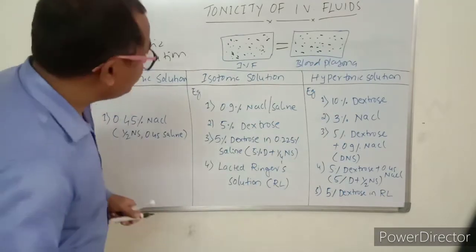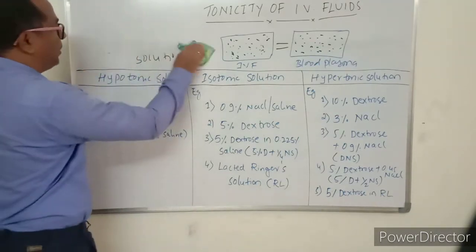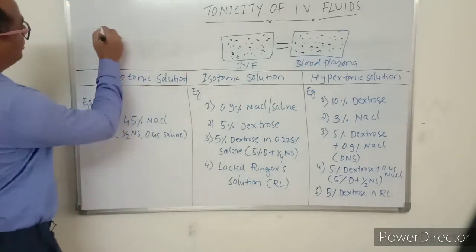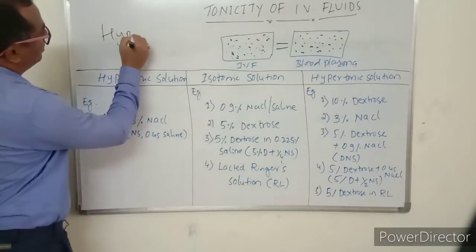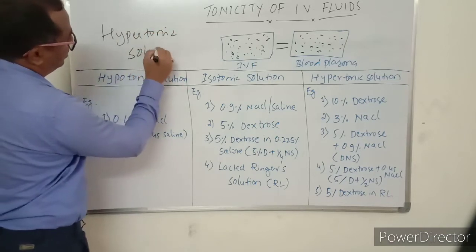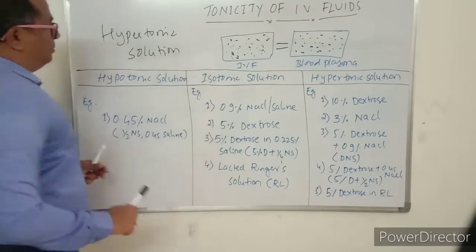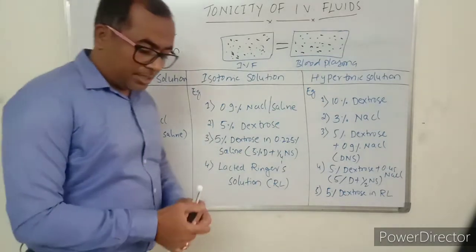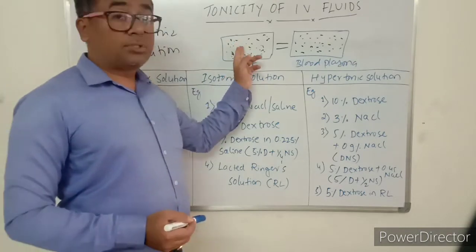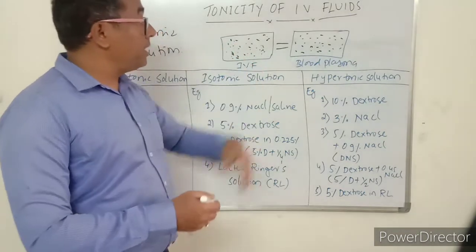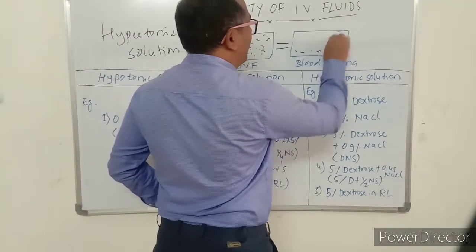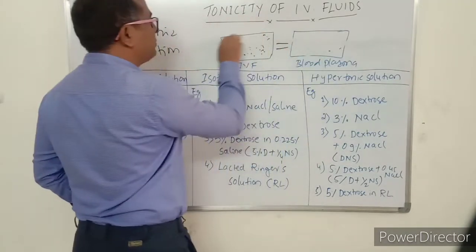Next is the hypertonic solution. What do you mean by hypertonic solution? Hypertonic solution is a solution where the concentration of solutes present in the IV fluid is more than that of blood plasma.